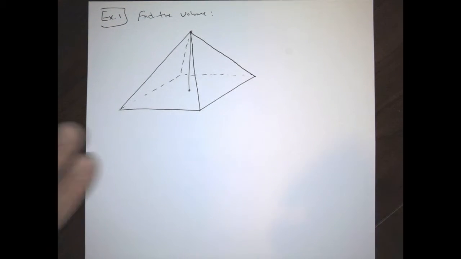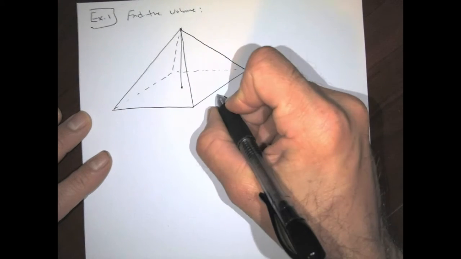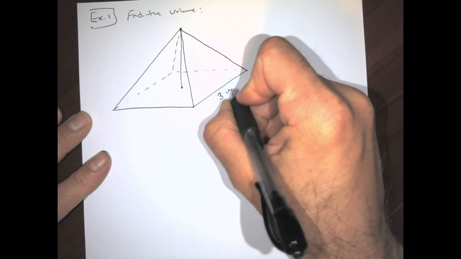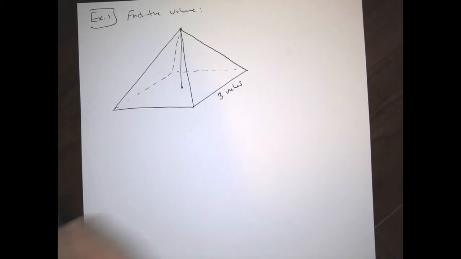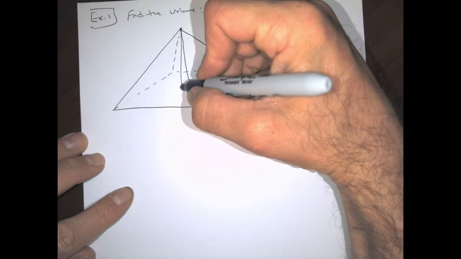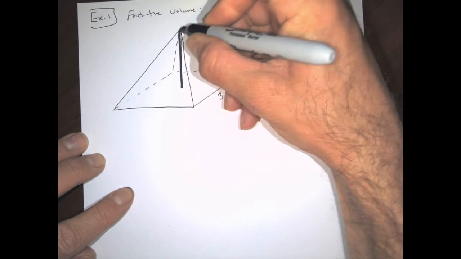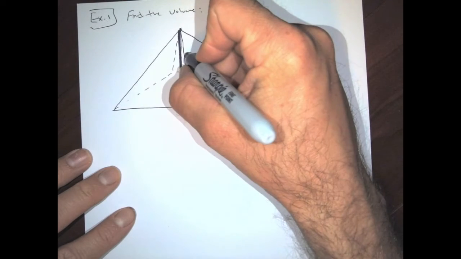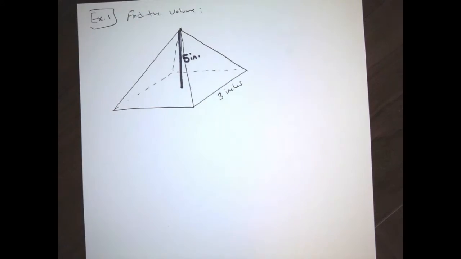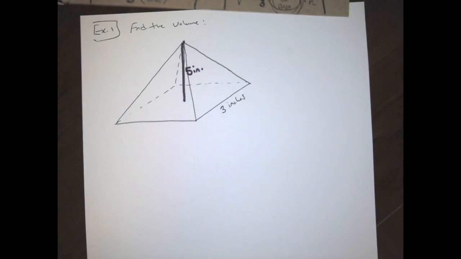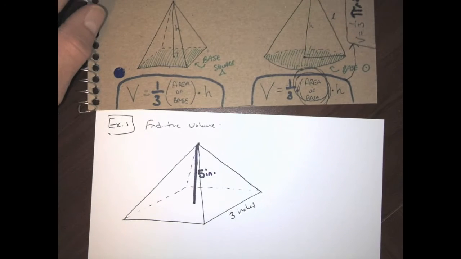Not bad at all. This is a square pyramid. We're going to say that this is 3 inches. And we're going to say that this height of the pyramid is 5 inches. Alright, folks, that's all you need. That's all I'm going to give you. That's all the book's going to give you.